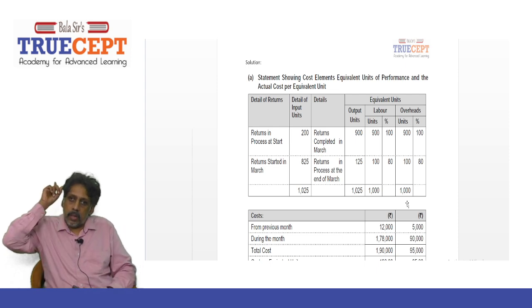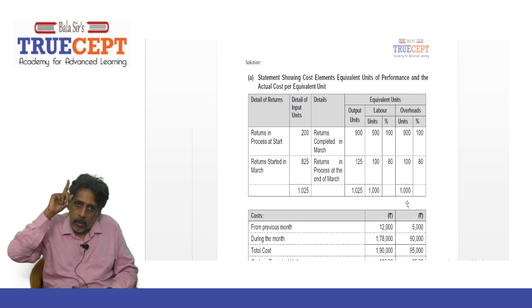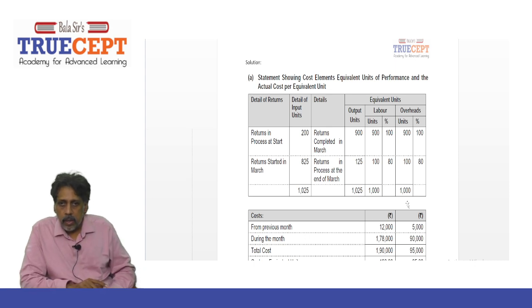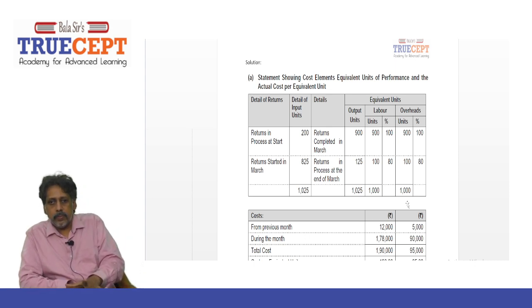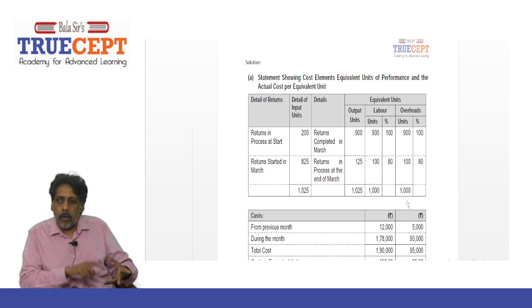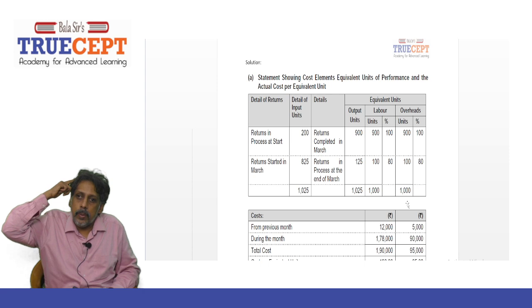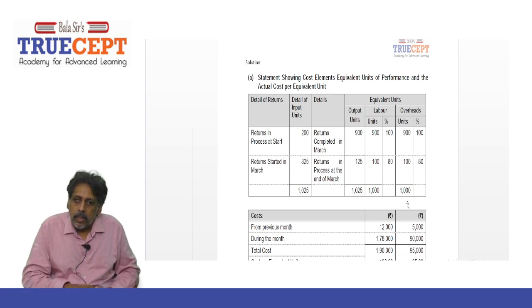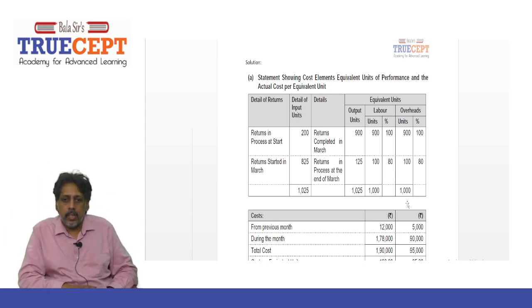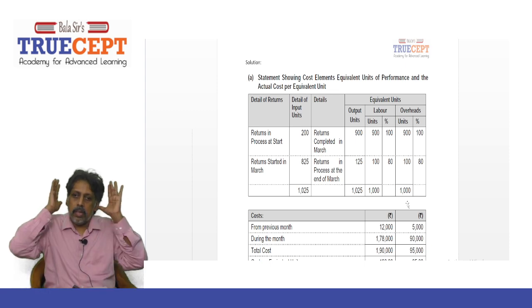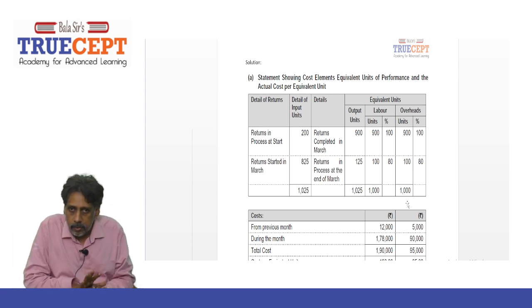Therefore, even though we got 1,000 equivalent units, that is based on the weighted average cost method. That 1,000 includes 200 opening work in progress in it. 25% means that 50 equivalent units are already completed in the previous month. Got it? Therefore, 1,000 minus 50, so 950 is the actual output for the month of March.